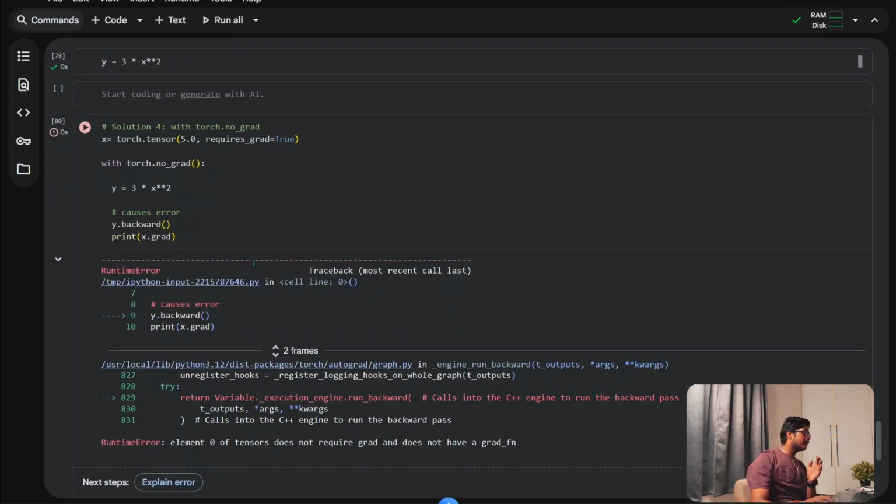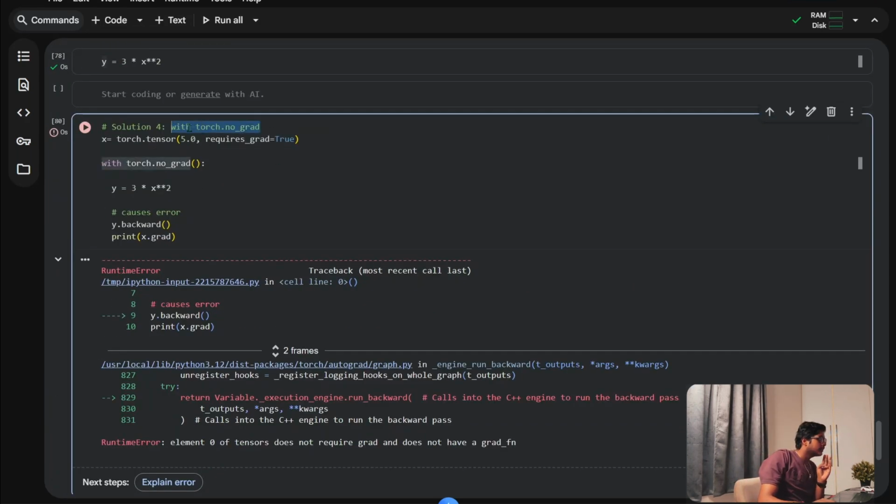And lastly, we have the torch.no_grad method. Here we first create our x tensor with requires_grad as true, and then we create a block with torch.no_grad, and inside this we write our y expression, do y.backward() and print x.grad. It will throw us an error, because inside this block it's like saying x has requires_grad as false.